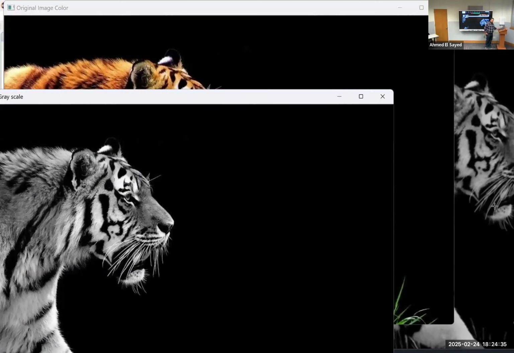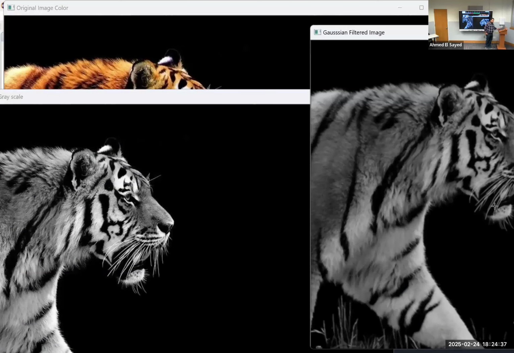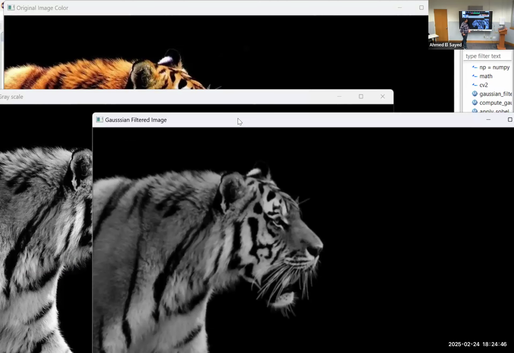After that, we do Gaussian filtering over the image. You can see the difference between the non-filtered and the filtered version. You see this one? It's too sharp. This one is blurry a little bit. Okay?